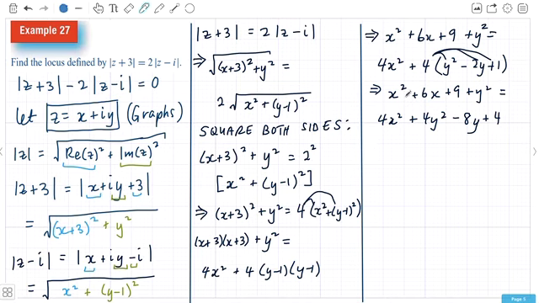Just looking at this will be easier if I take this stuff all over to the other side. So I'll have 4x squared plus 4y squared minus 8y plus 4. Take all of this away. So take away x squared, take away 6x, take away 9, and take away y squared equals 0.